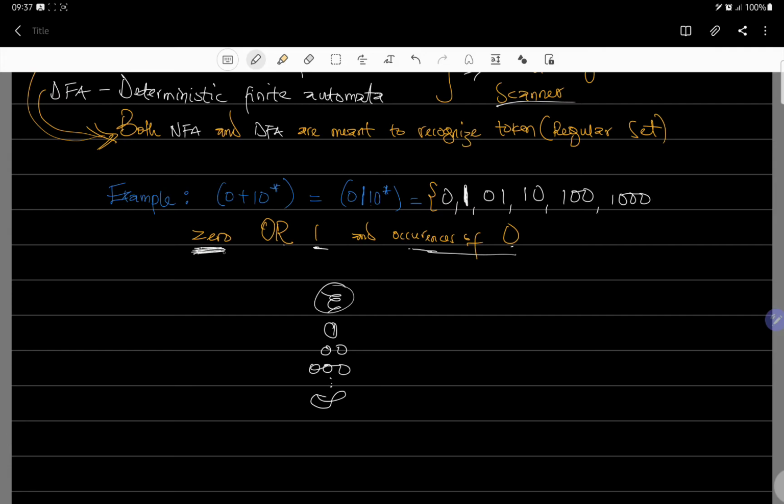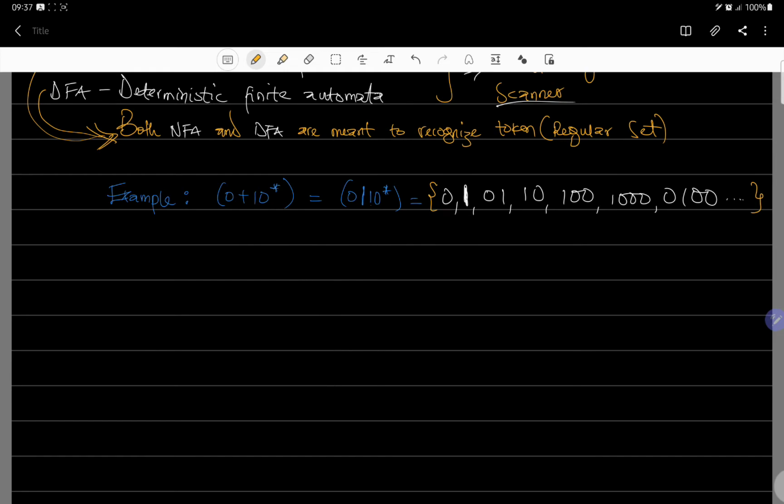Or both sides come: the first 0 from this side, 1 definitely from this side, then occurrences of 0, maybe like 2 came, 0 1 0 0, like that. I hope we are following. It's not magic anyway. That was just an example the lecturer was trying to show us.